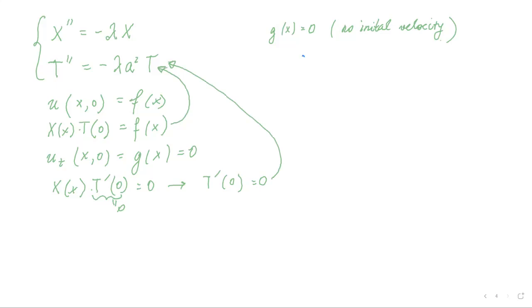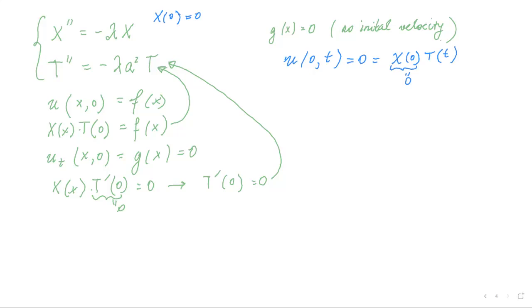Remember that we have boundary conditions. Let me start with u of 0, t, the beginning of the string is not moving, and it was equal to 0, right? If I write it down as X of 0 times T of t, I'm going to see that if I don't want to have a zero solution, I must choose this one equal to 0. So that's going to be one of my boundary conditions. X of 0 equals 0.